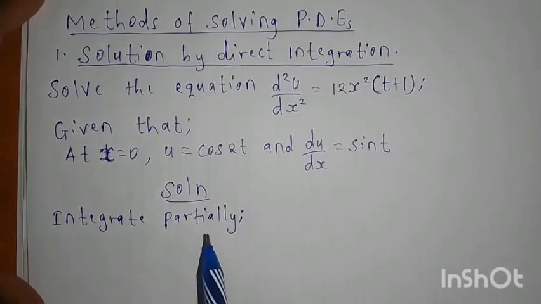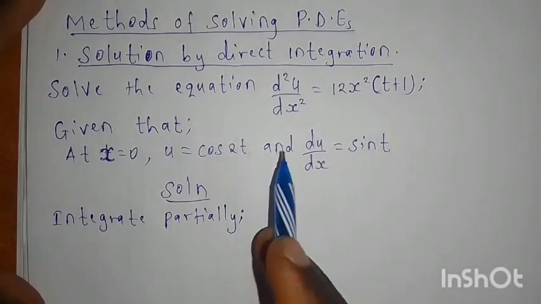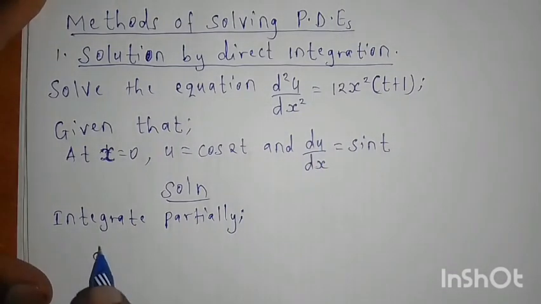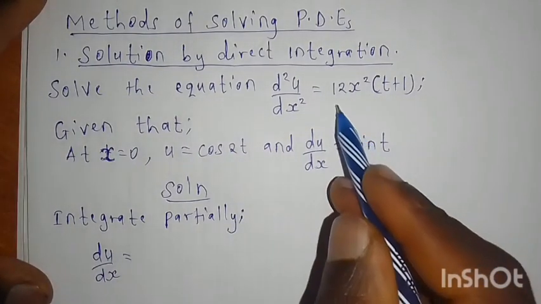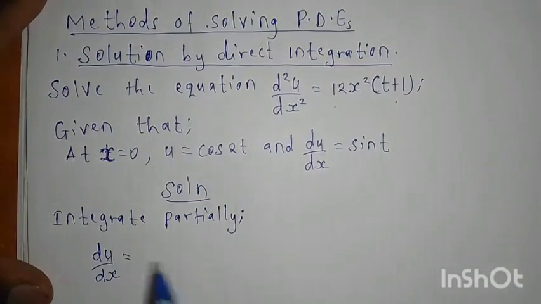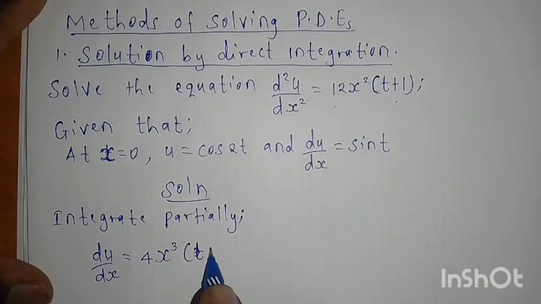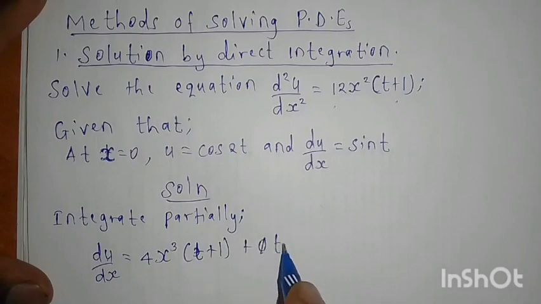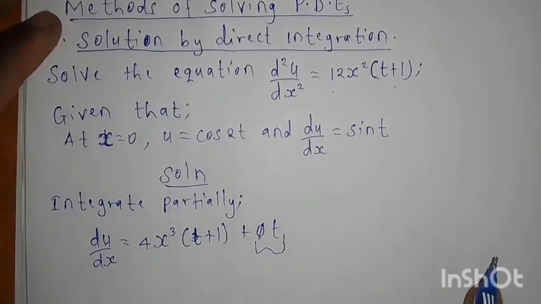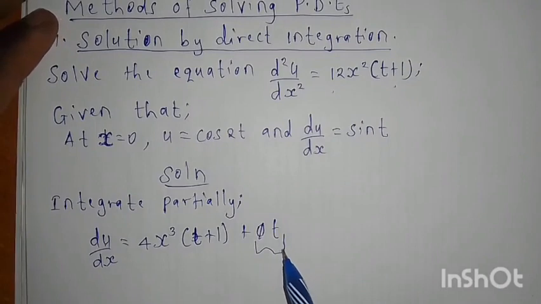The first step is to integrate this equation partially. Integrating it partially, we have du over dx, integrating this equation with respect to x. We have an arbitrary function of t, which is like the arbitrary constant when we were carrying out ordinary integration.